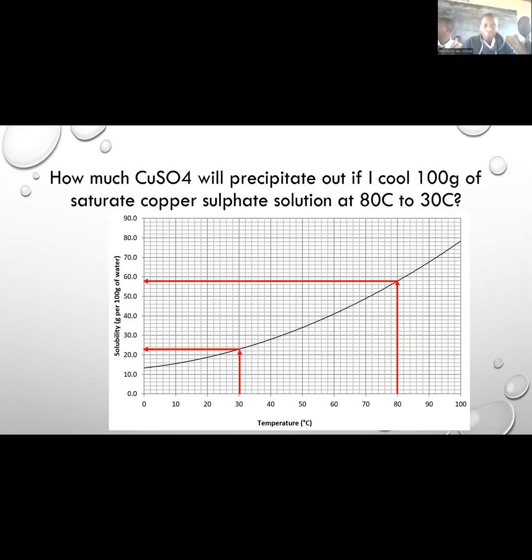Here are the numbers. This is what I do. I draw the line up from 80 and then across, and that looks like about 58. And from 30 across, it looks like about 22 or 23. 58 minus 23, probably, is 35.